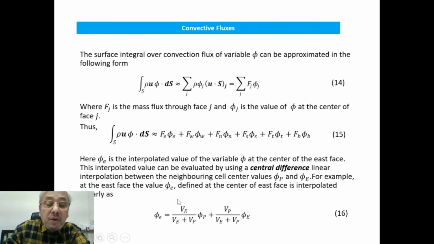So phi e equals VE, the volume of the eastern neighbor, divided by the volume of the eastern cell plus the cell of interest P, into phi P, plus the volume of P divided by the total volume, that means VE plus VP, into phi E, where phi E is defined at the center of volume E and phi P is defined at the center of volume P. This way we take either side of the cell face and do the linear interpolation following a central difference philosophy.